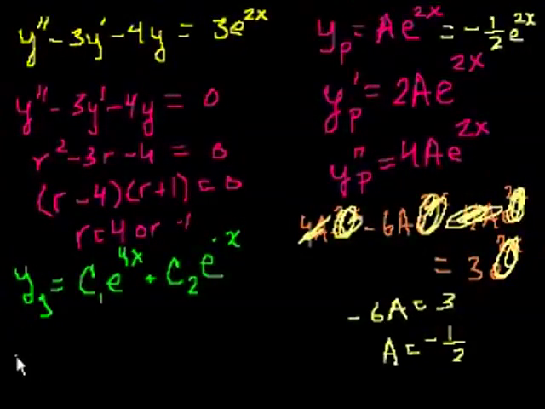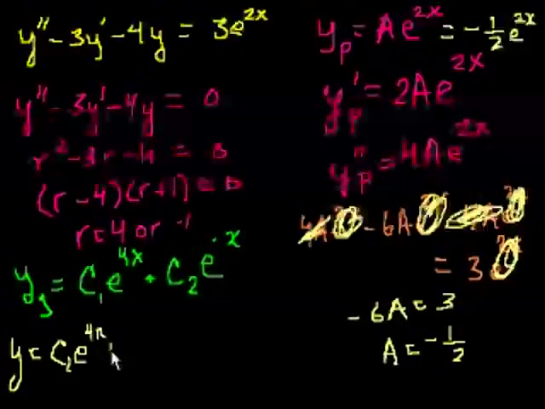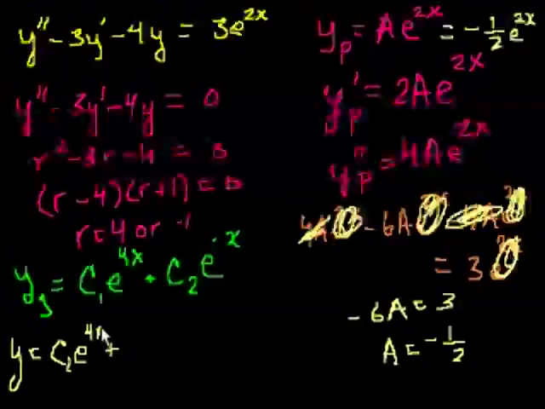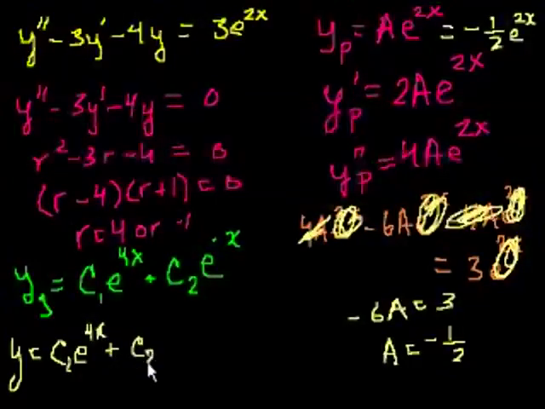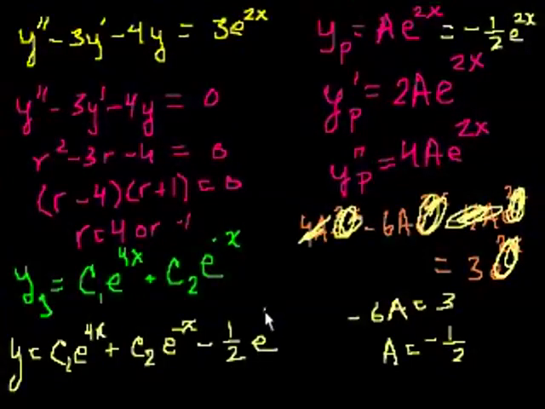So we could call this the most general solution, or I'll just call it y. It is c1 e to the 4x plus c2 e to the minus x plus our particular solution we found. So that's minus 1/2 e to the 2x. Pretty neat.